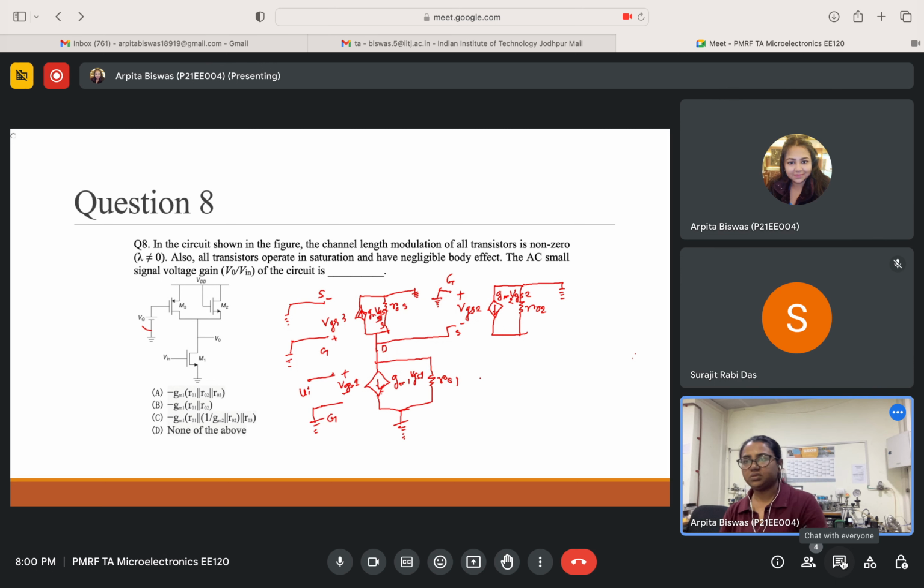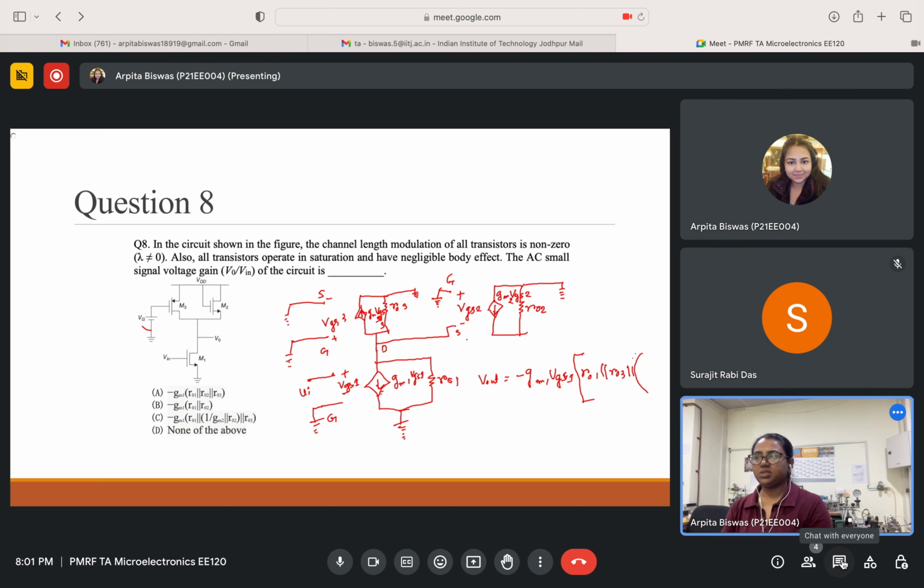Okay, now calculate the V output from here. V output is minus gm1 into VGS1, which is r01. r01 is parallel with the r03, and which is parallel with this one.